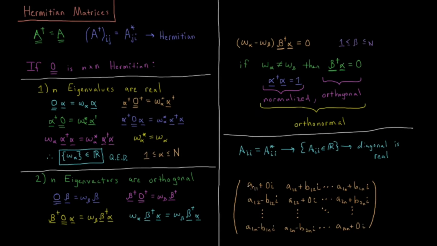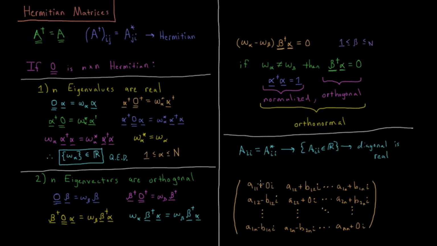For our Hermitian matrices, as we look across, we have complex numbers in general, and off the diagonal you have the complex conjugate of the number on the other side, while on the diagonal we have a number which has to be real.